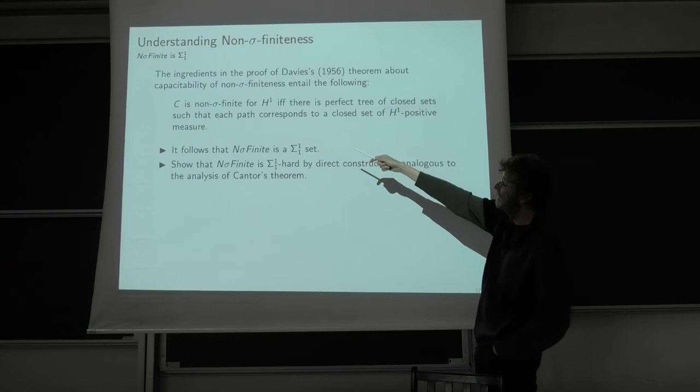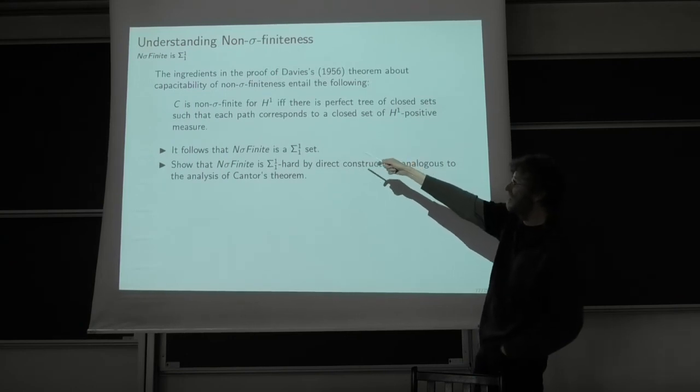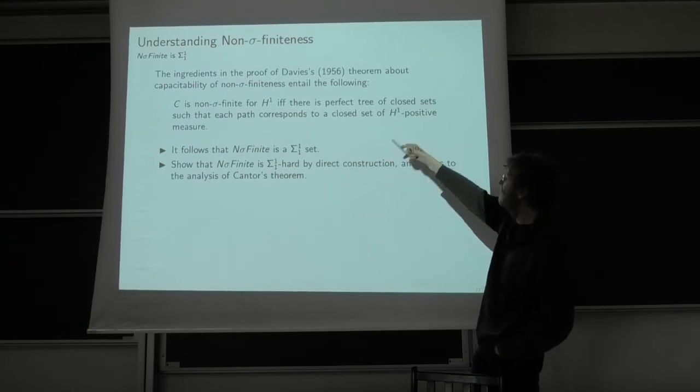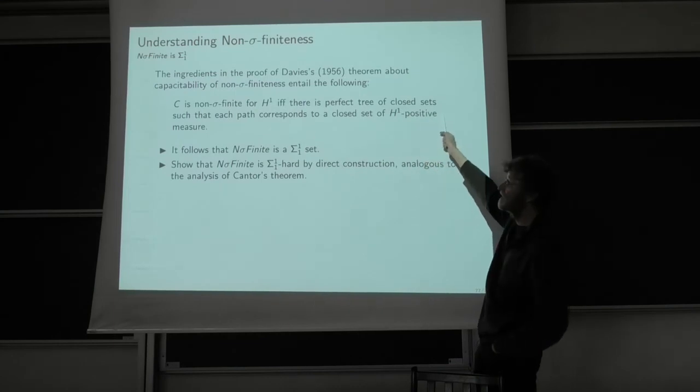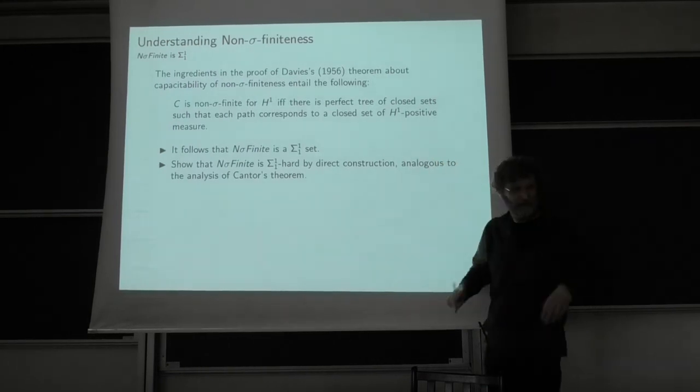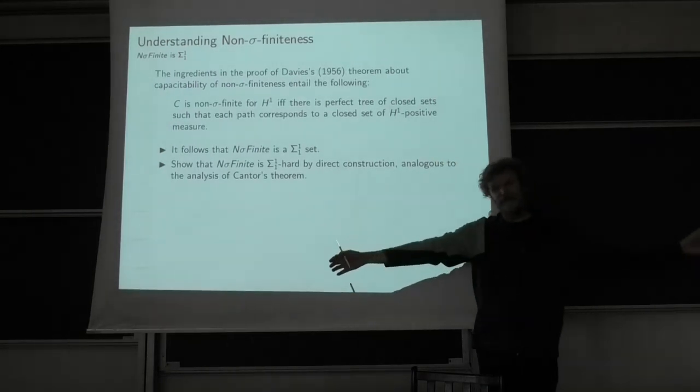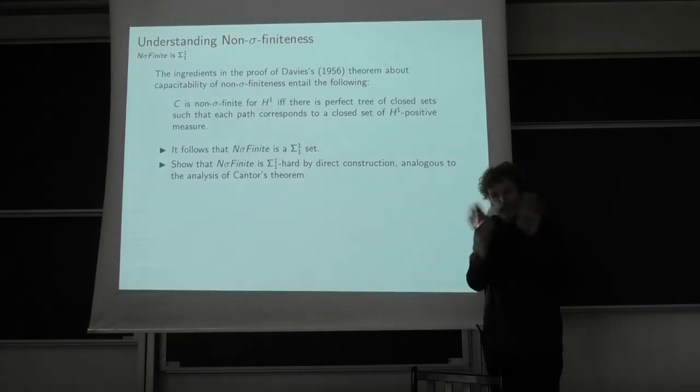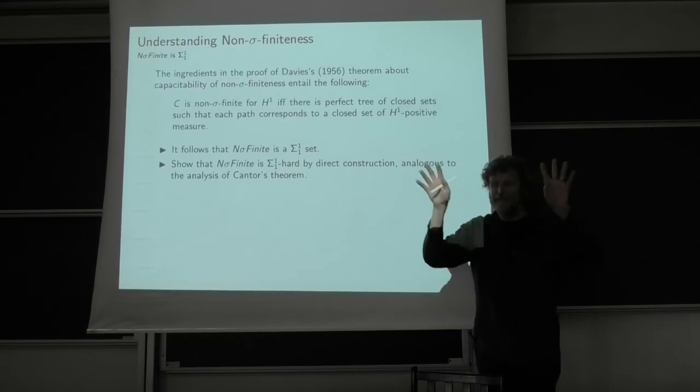A closed set C is not sigma finite for a linear measure if and only if there's a perfect tree of closed sets such that each path corresponds to a closed set of positive measure. So you can take this set that's not sigma finite and break it up into two nice pieces that are not sigma finite. And then you can repeat.